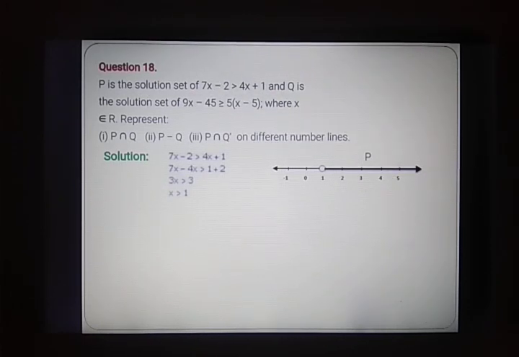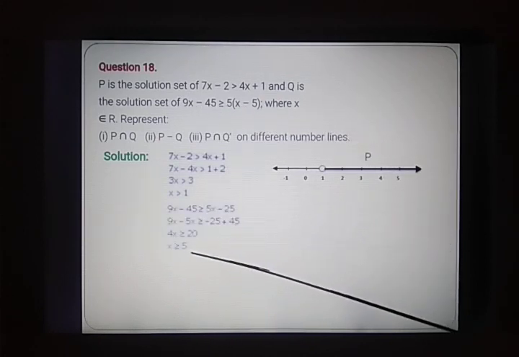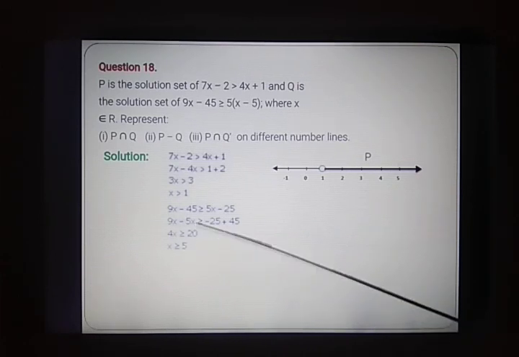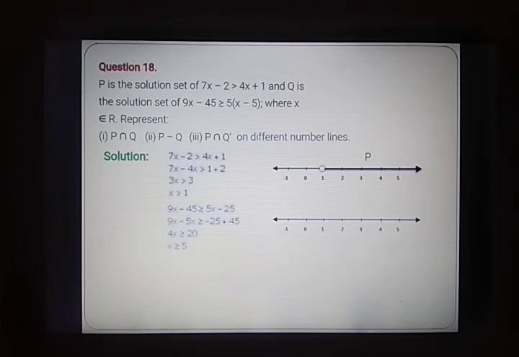Now let us try the same with the next part, that is this inequality. So this inequality can be solved in this way. Okay, so when I solve, I'll get x is greater than or equal to 5. Now let us put the solution of this particular inequality on a number line in the same way. So this is my number line, and it is said that it is equal to 5. So in this 5 we have to put a dark circle.